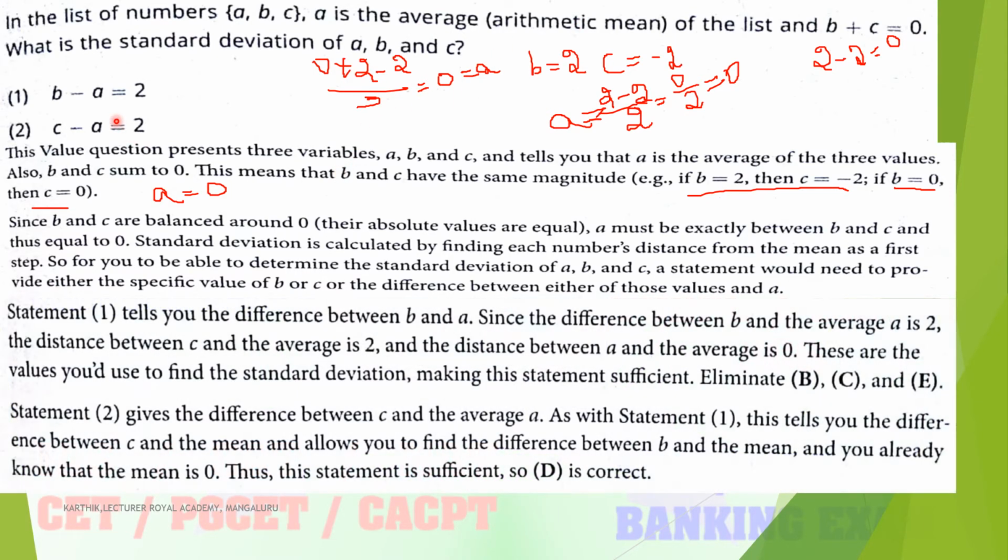the statement, what is given in the first statement? B minus A is equal to 2. So whether it is possible to determine the value? From that you can easily determine the value. So yes, of course it is possible.